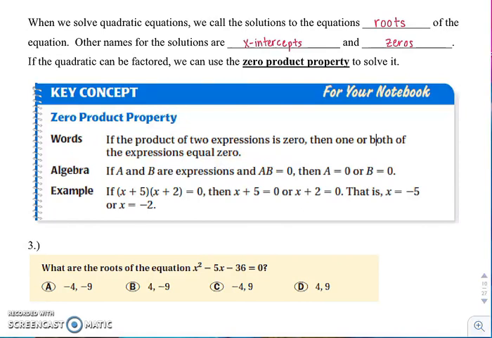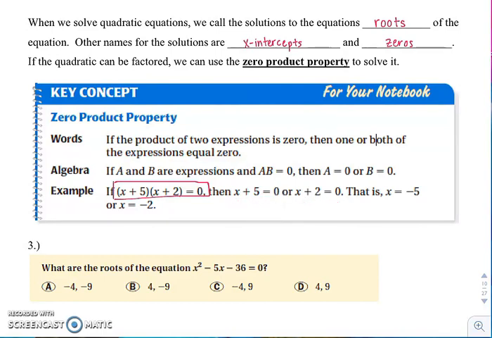So if you had this equation, x plus 5 times x plus 2 equals 0, well, your two factors are x plus 5 and x plus 2. So you can almost set two little mini equations, x plus 5 equals 0 and x plus 2 equals 0, and actually solve for those equations.